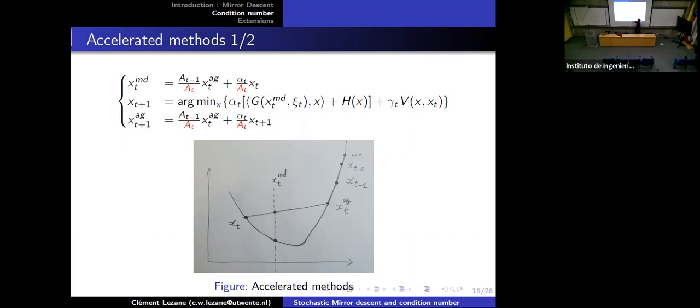The convexity will assure you that the gradient at this point guarantees faster convergence. That's what you see here: xt MD stands for middle point. It's a convex combination between the aggregated points, the inertia of all previous points, and xt, the current point.